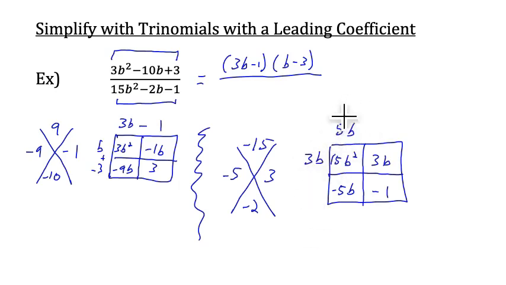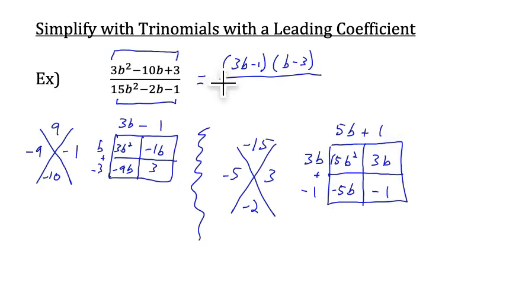Notice I lined up this 5b with these 5b's, and this 3b with this 3b. That'll be helpful. Let's see, 5b times a negative 1 equals negative 5b, and 3b times positive 1 equals positive 3b. And double check, negative 1 times positive 1 does equal negative 1.